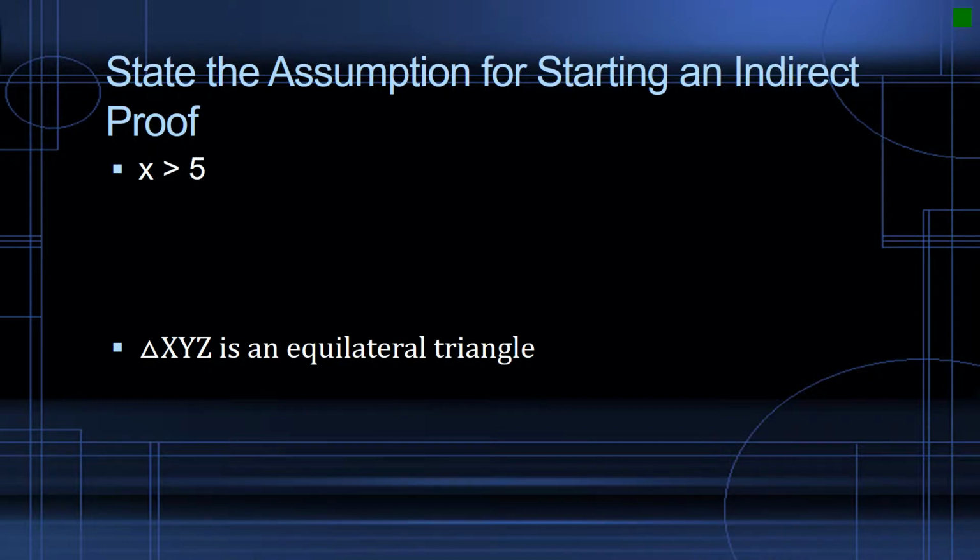Indirect reasoning starts by assuming that the conclusion is false and then showing the assumption is a contradiction. So indirect proof, which is also called proof by contradiction or proof by negation, is that we temporarily, the first step is to take a hypothesis or a conclusion and assume that it is false.